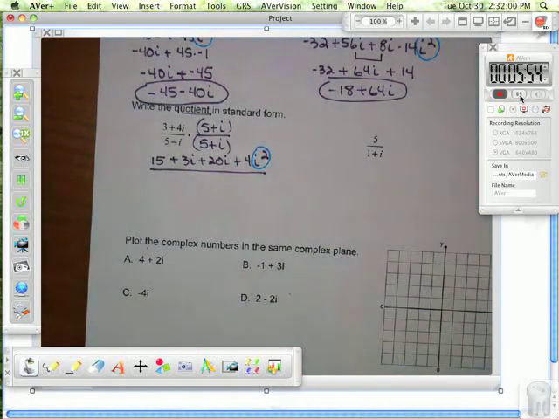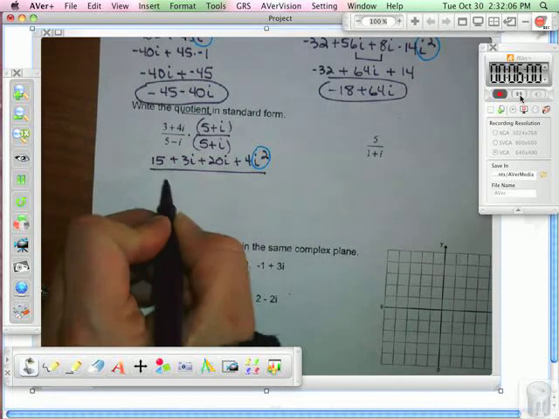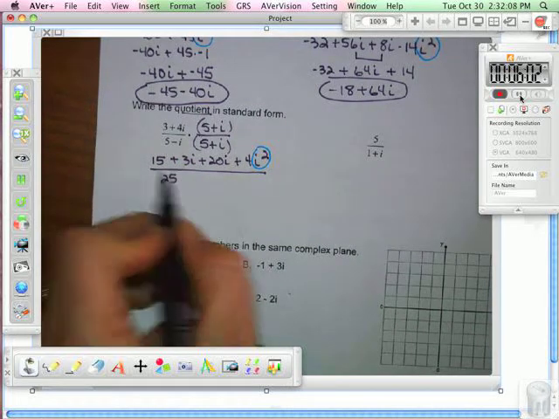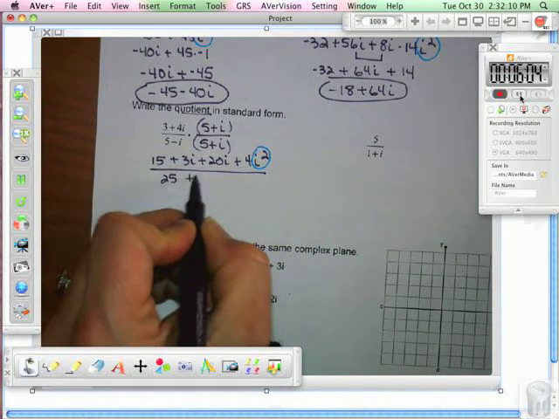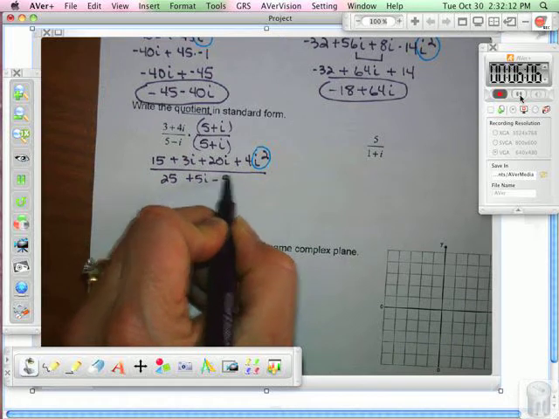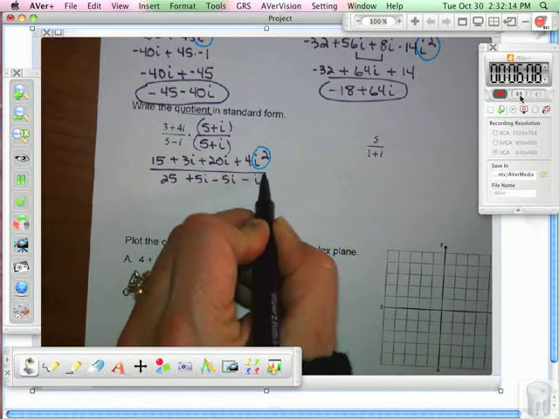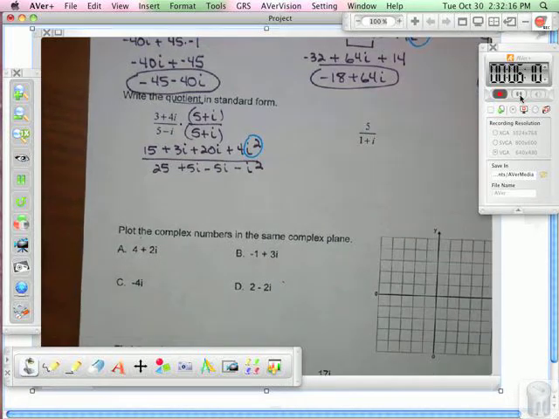I'm going to write it out just to make sure everybody sees it. Why is that 25? 5 times 5. I'm FOILing the denominator.